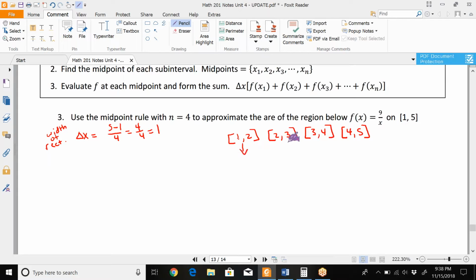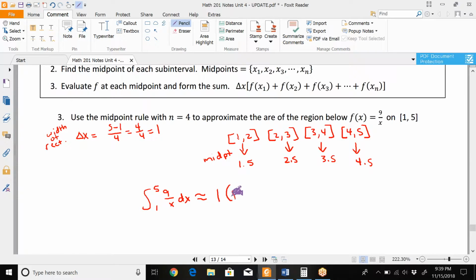You find the midpoint of each of these intervals. And I'm okay with you writing them as decimals if they are. So if you want to write 1.5, that's okay. So 1.5, 2.5, 3.5, 4.5. Okay, so from 1 to 5 of 9 over x dx without using the actual antiderivative is approximately delta x, which is 1, times all of these in the function.